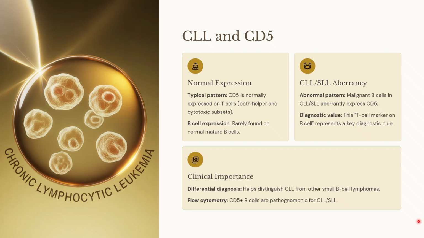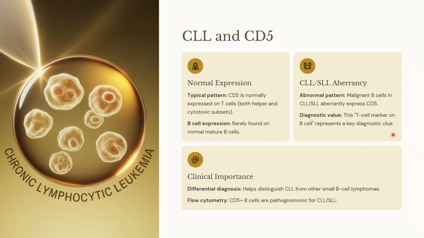This is not seen in most other lymphomas. So the presence of CD5 on a mature B cell becomes a diagnostic clue. So it strongly points towards CLL, chronic lymphocytic leukemia, or SLL, that is small lymphocytic lymphoma, which is its tissue counterpart.